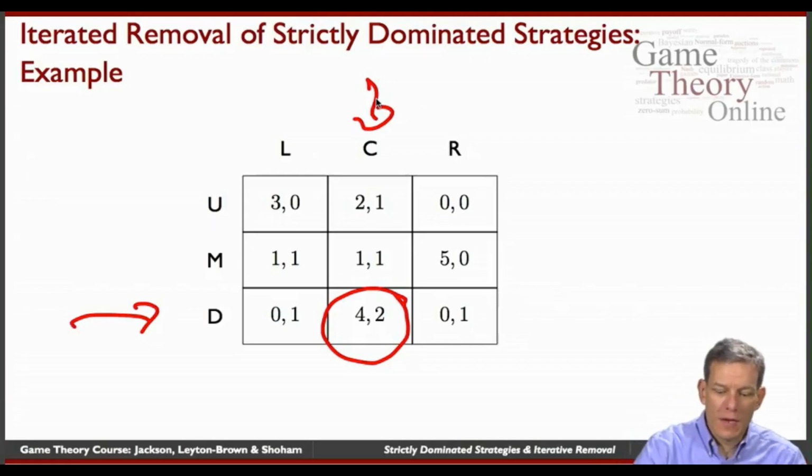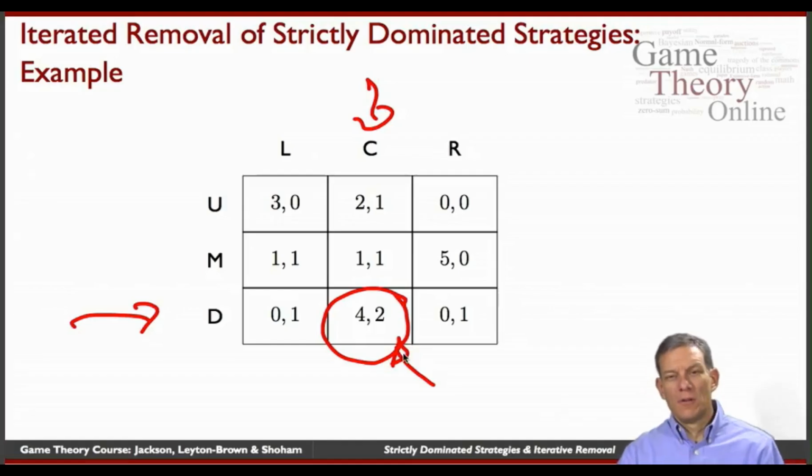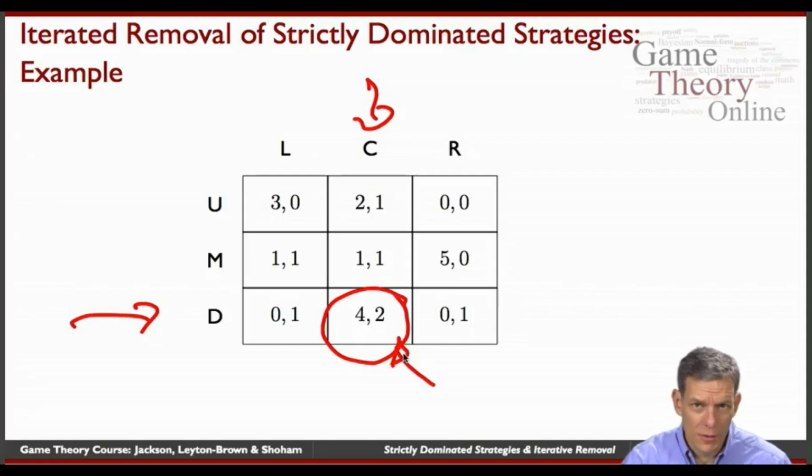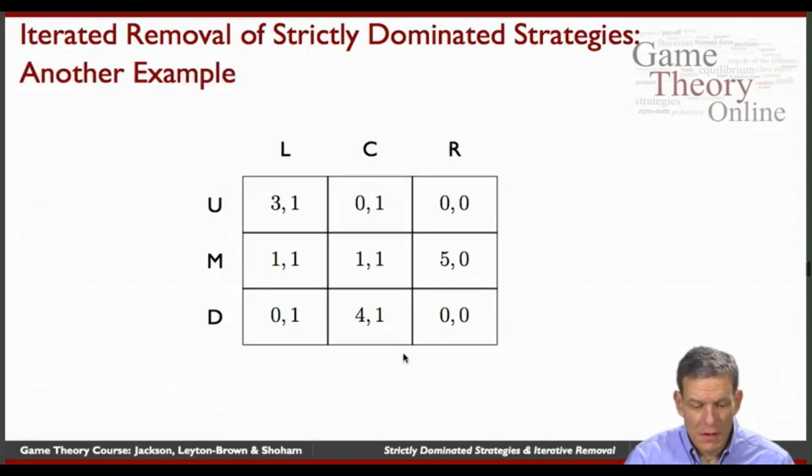So the fact that we ended up with a unique prediction here actually tells us that this game has a unique Nash equilibrium. And the only Nash equilibrium is for players to play down and center. So in this case, it identifies a unique predicted play, which coincides with the only Nash equilibrium of this game. Okay, so we've got the unique Nash equilibrium, DC.